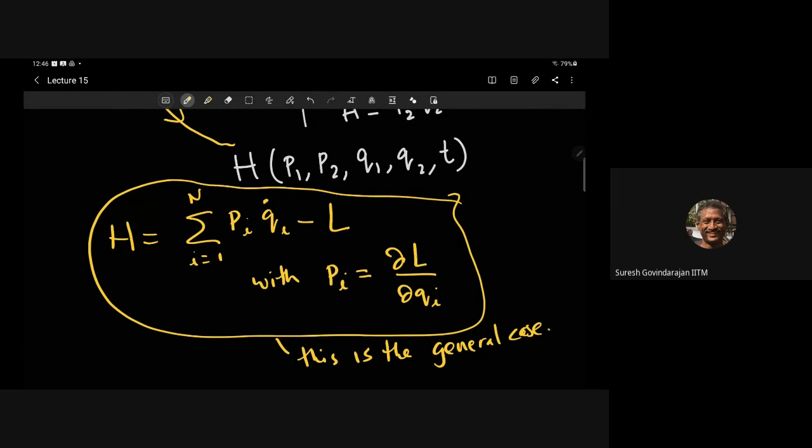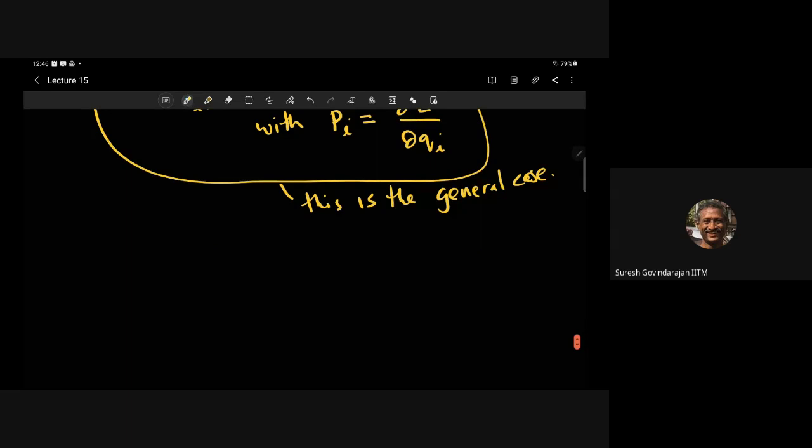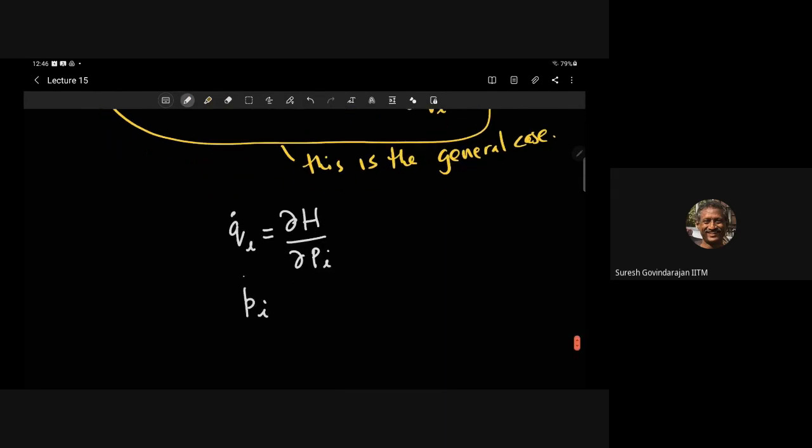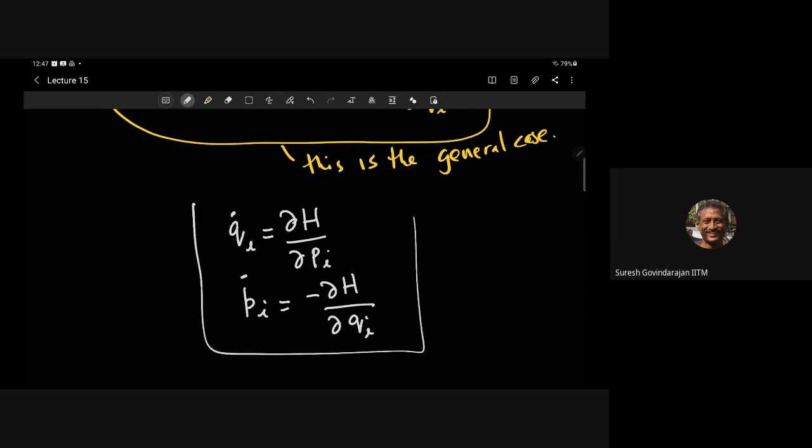Okay, and what are Hamilton's equations? Okay, so these are Hamilton's equations. And this minus sign is important. Never forget it if you write it without that minus sign.